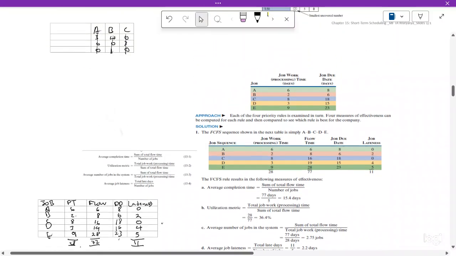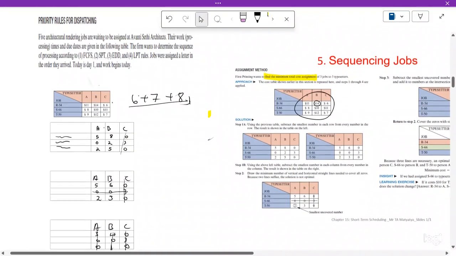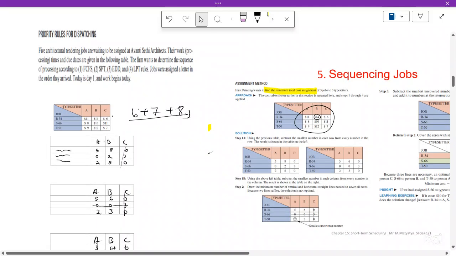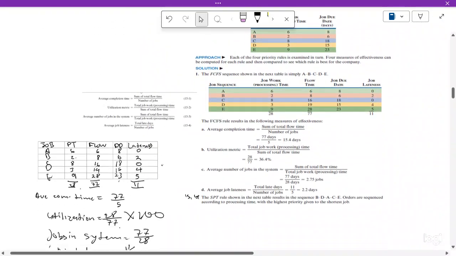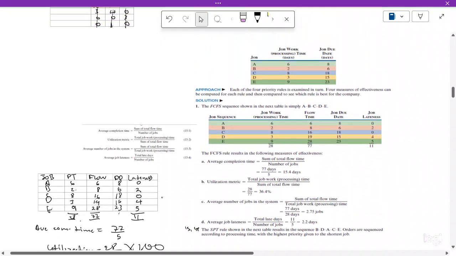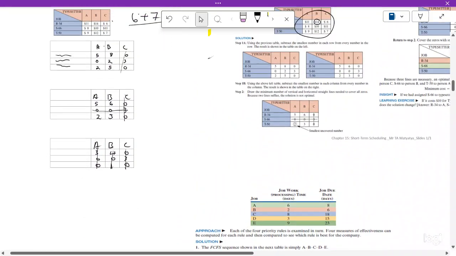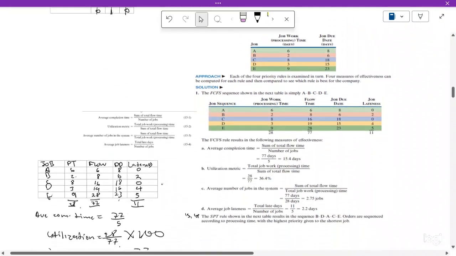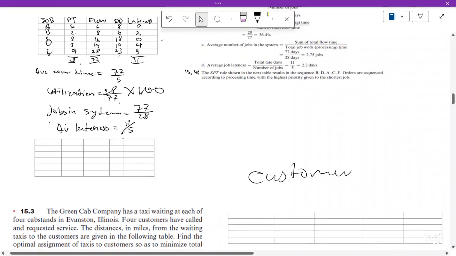Didn't I write them down here? Okay, but they're here. FCFS, SPT, EDD, long processing time. I want the one that is a little bit interesting. It's actually CR.